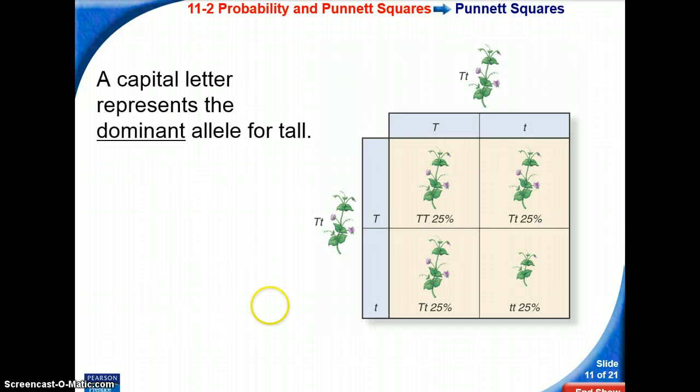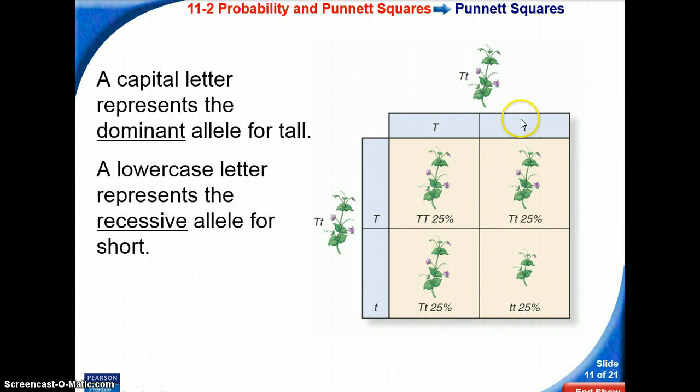Okay, so the way that we do this is we look at the square here, and we start to put our plants across the top and across the side when we're talking about these pea plants. We take the letters that represent this plant. So this capital T represents the dominant allele for tall. The lowercase letter represents the recessive allele.